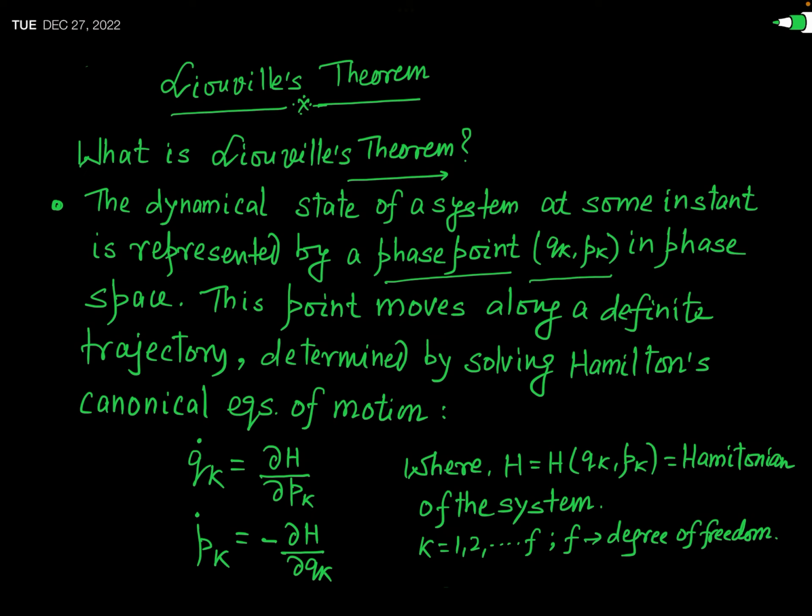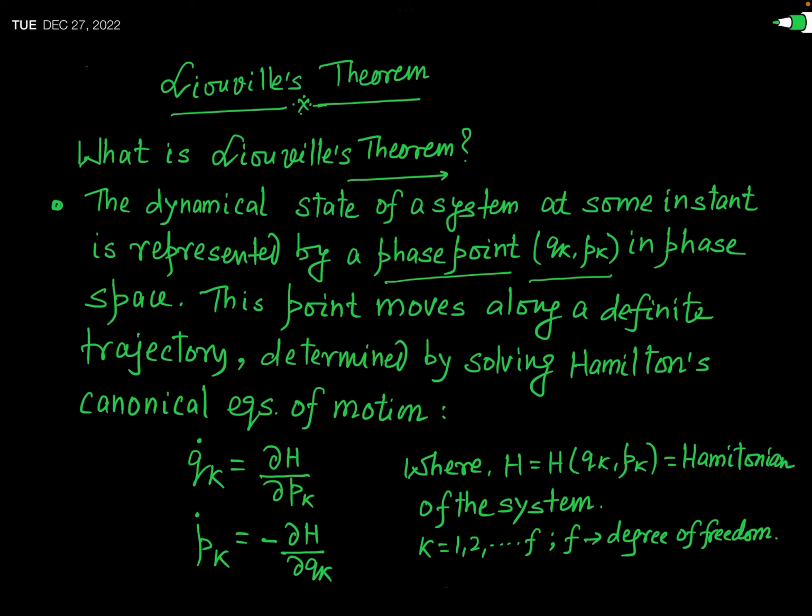And you have studied in the previous lecture that whenever there is a motion of the phase point, that motion takes place along a particular trajectory which is called phase trajectory.